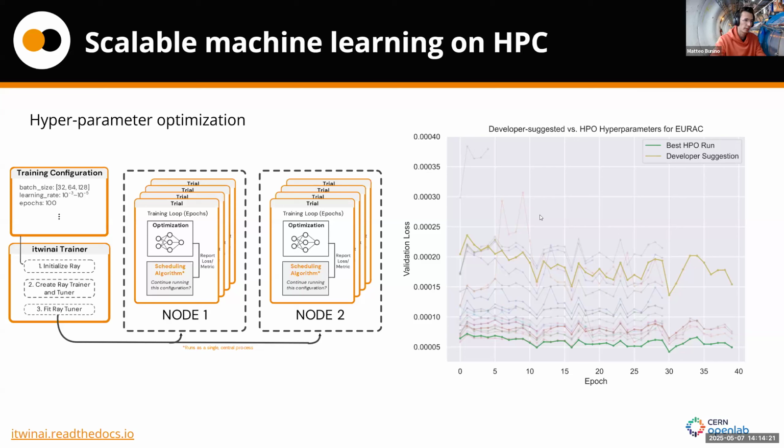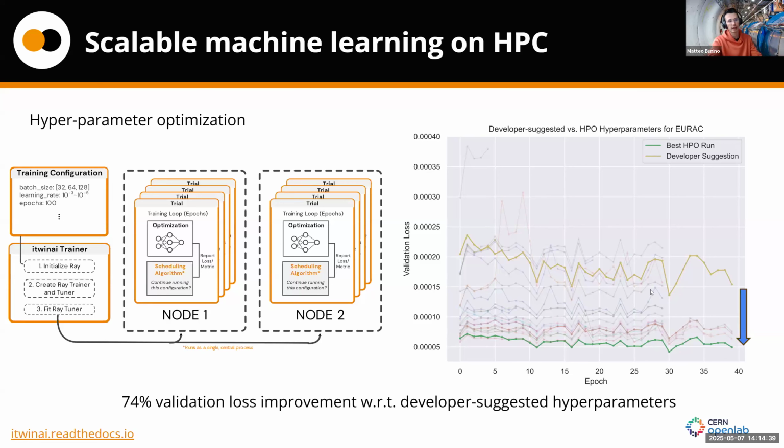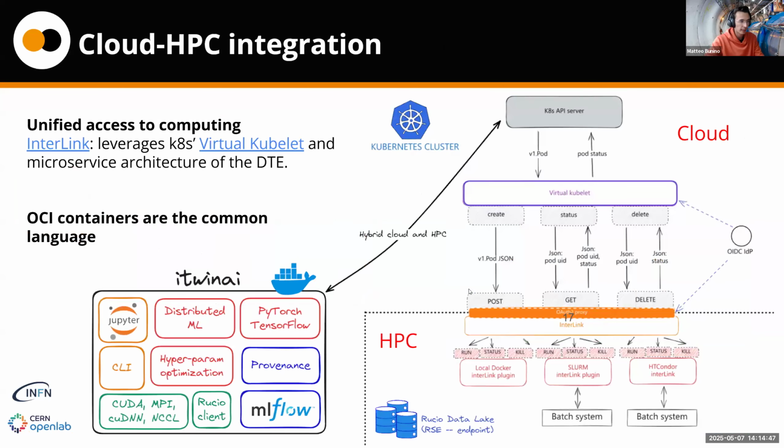The yellow line was the loss obtained with some hyperparameters suggested by some use case developers, whereas the green line is what we were able to obtain through hyperparameter optimization, which resulted in about 74% improvement over the validation loss, which is quite important.